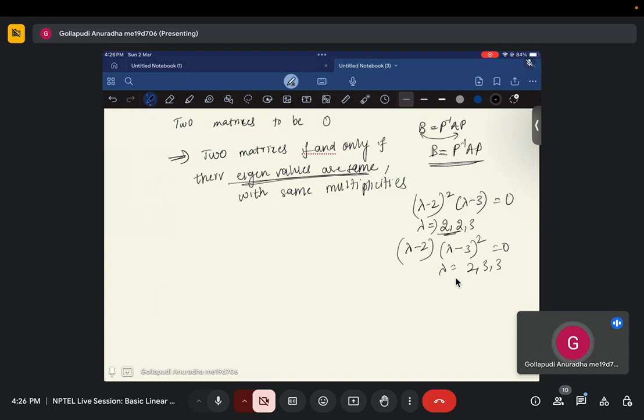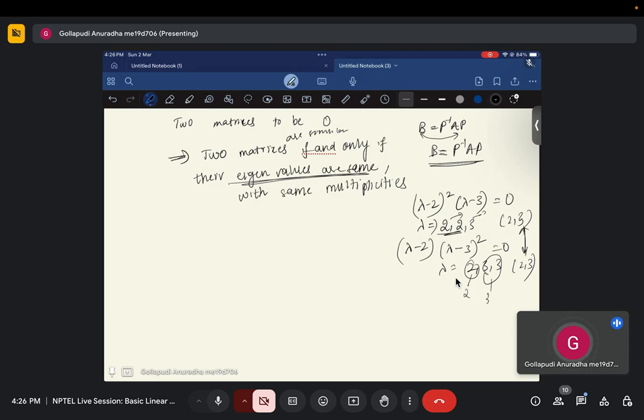So here 2 and 3 are eigenvalues and here also 2 and 3 are eigenvalues, but multiplicity is not the same. For this one, 2 has multiplicity 2 and 3 has 1, and here 2 has multiplicity 1 and 3 has 2. So the two matrices are similar if and only if their eigenvalues are the same with the same multiplicity.